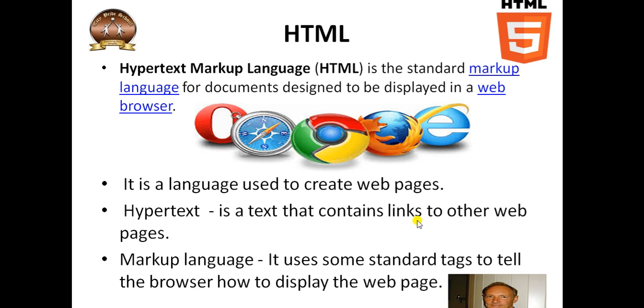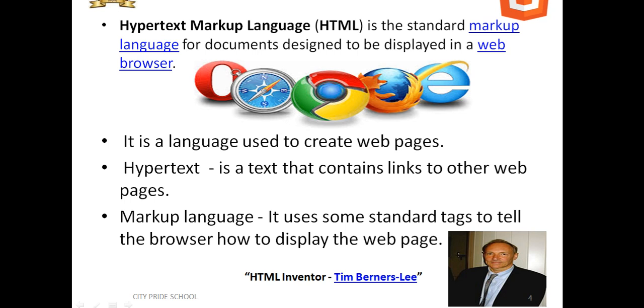Those tags decide the display of the web page. That's why it's called a markup language. As I have told you, Tim Berners-Lee was the inventor of HTML. You can see his picture here.